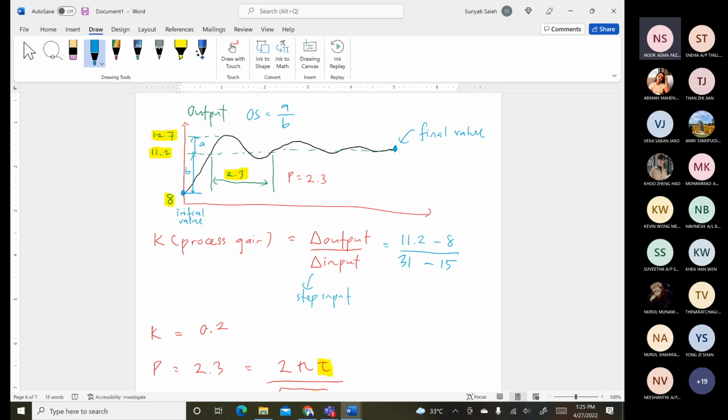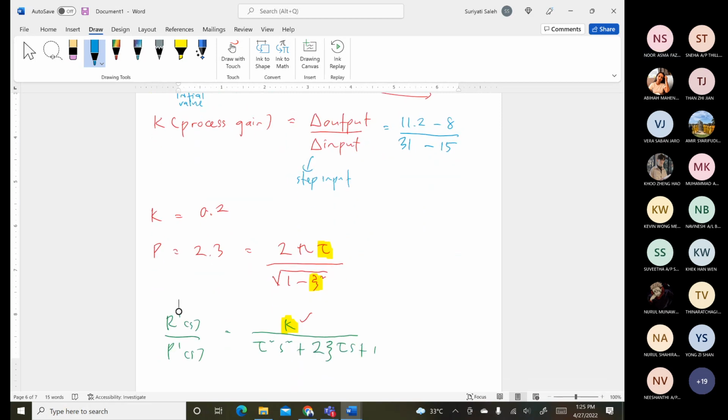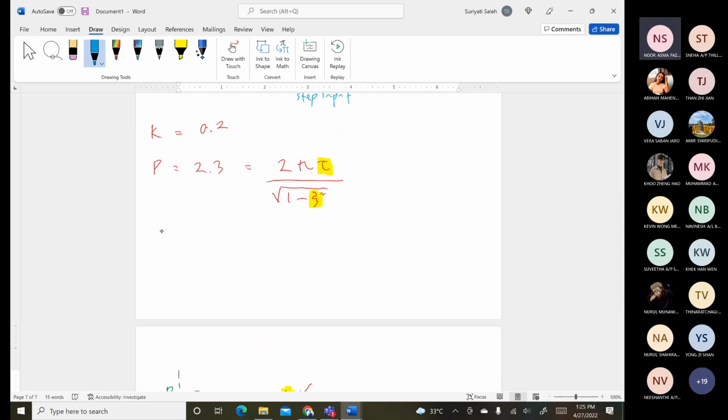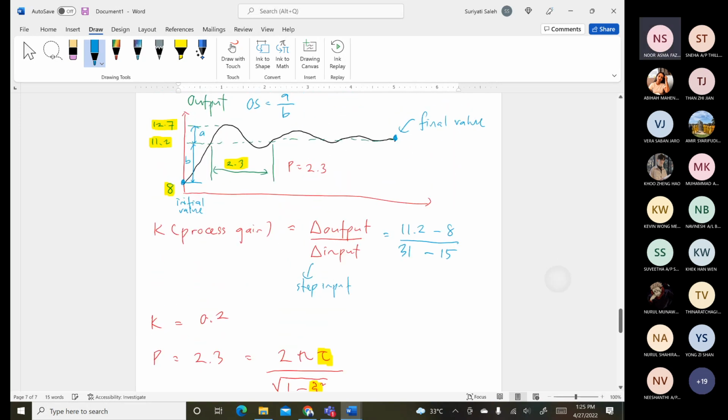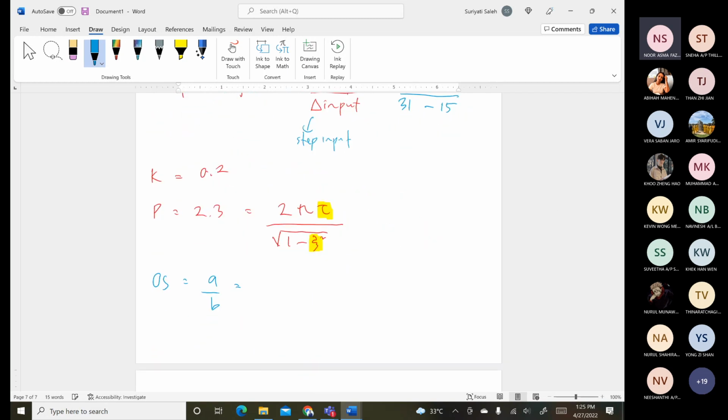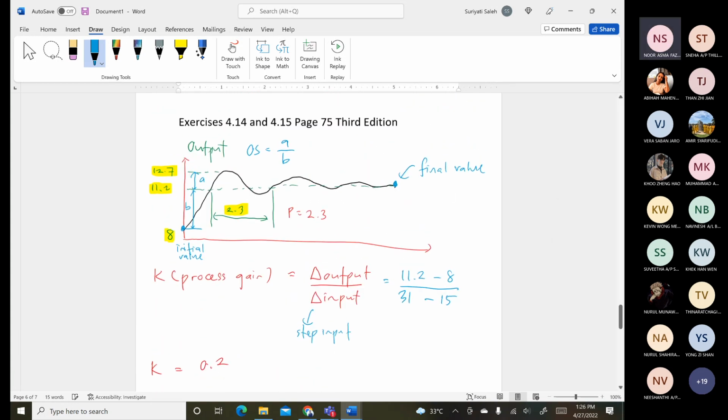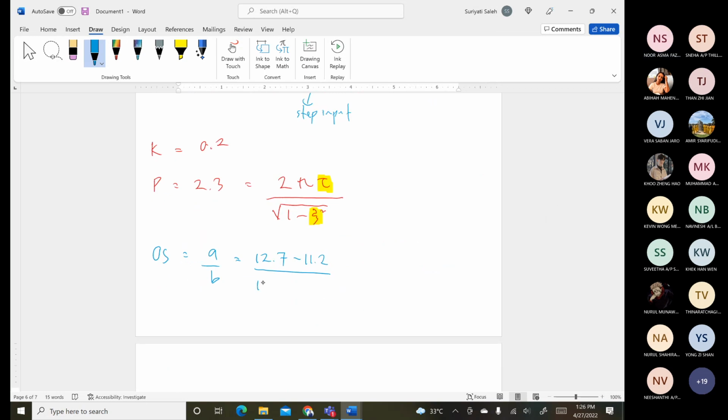So overshoot, OS, equals A over B, where A is 12.7 minus 11.2, divided by 11.2 minus 8. From this, we can obtain the value of the overshoot. So please calculate it.